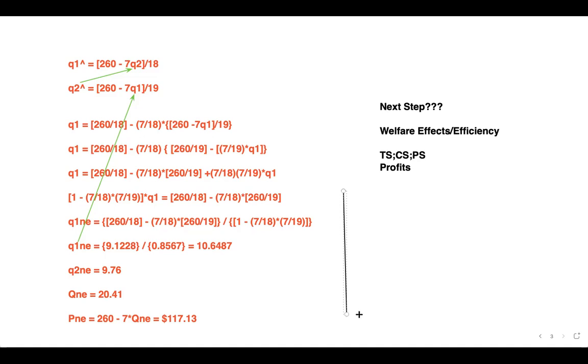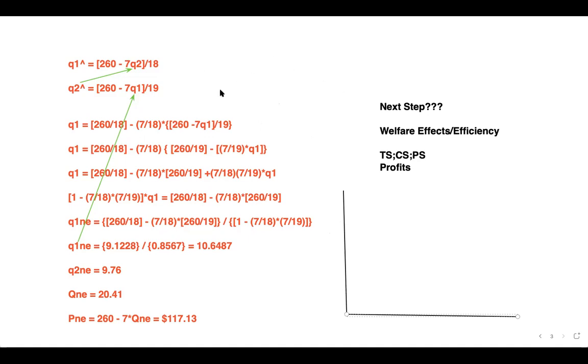Again, this is because we've shown that in Cournot there's market power, and because there's market power, we know we violated one of the assumptions of the first fundamental welfare theorem. So we know that this situation is likely not efficient. And so that's where we want to head our analysis next.